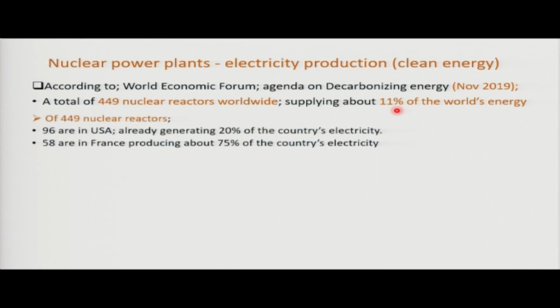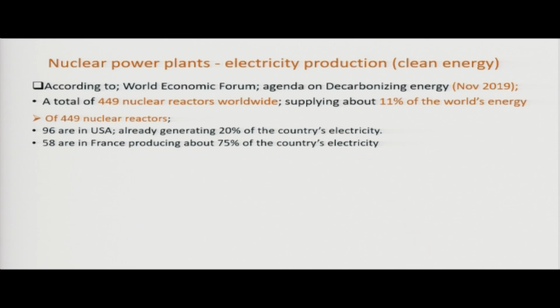Among those, the USA is leading with 96, and they generate 20% of the country's electricity, followed by France with around 58, which produce 75% of France's electricity.